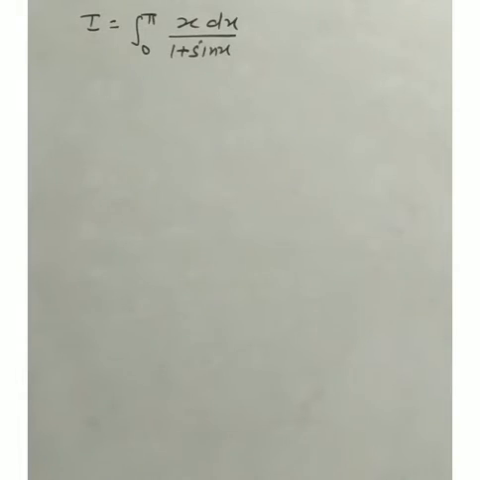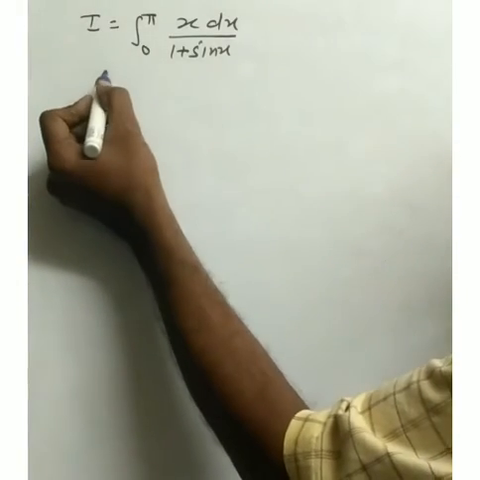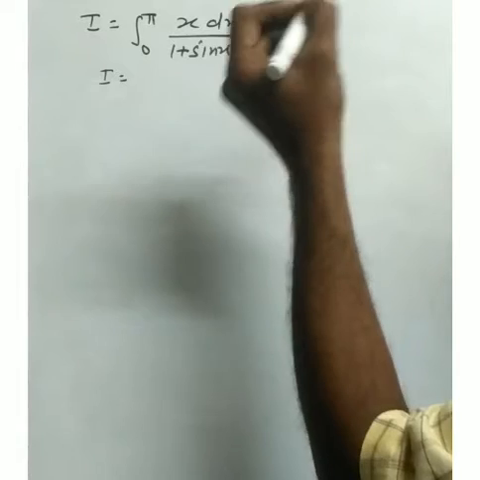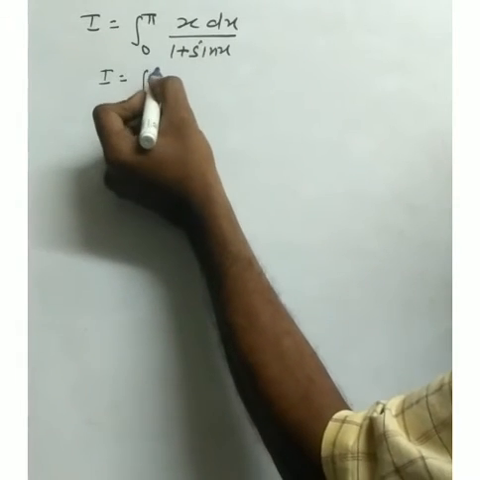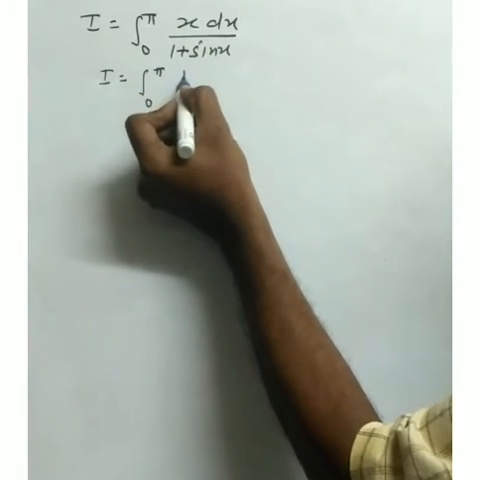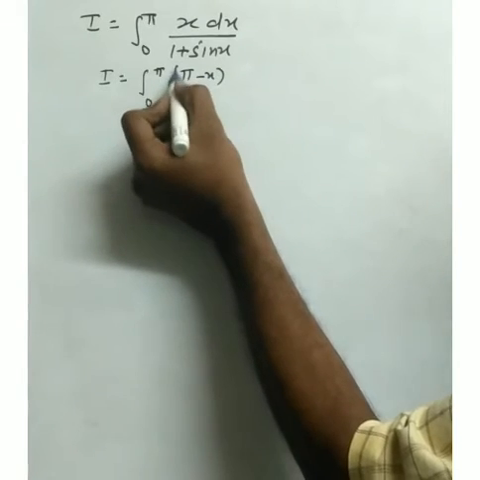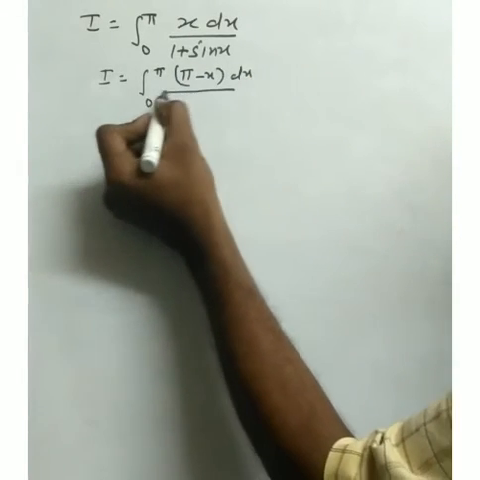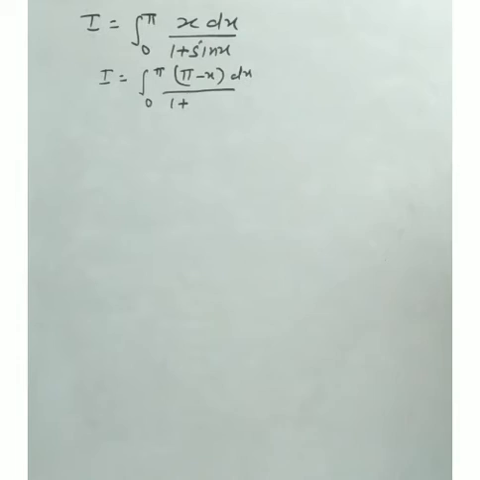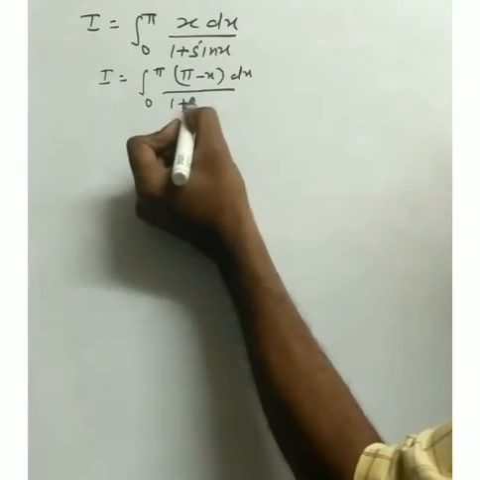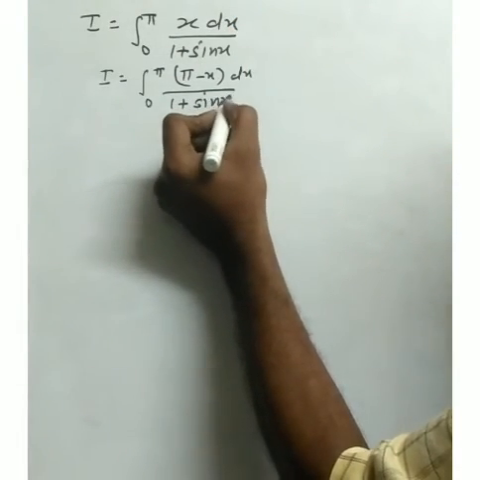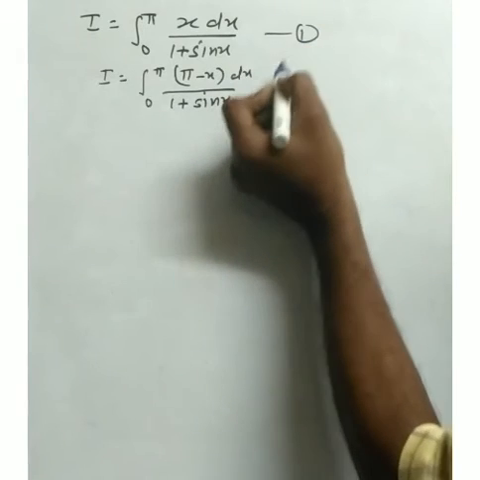Here, since we have x in the numerator, we'll apply the property of a minus x. 0 to pi, here it is pi minus x dx upon 1 plus sine of pi minus x. Sine of pi minus x is sine x. Now add these two.